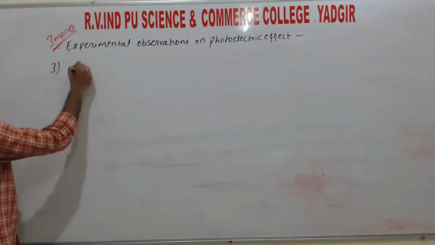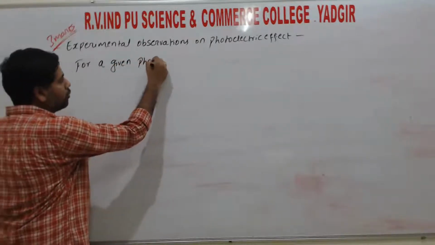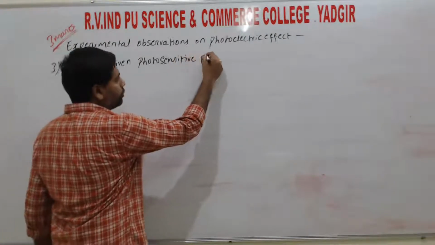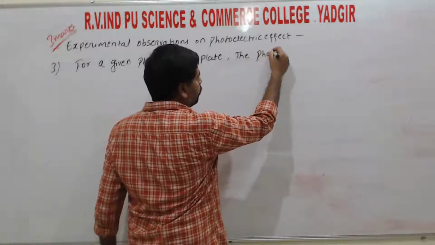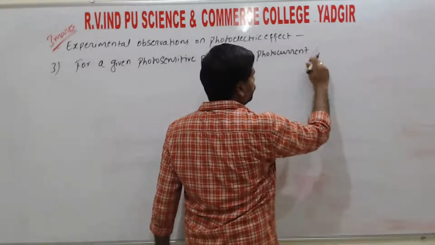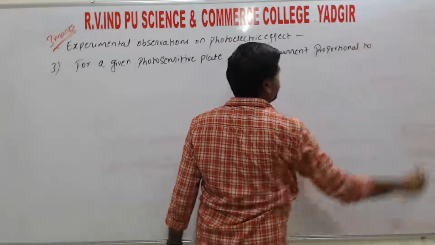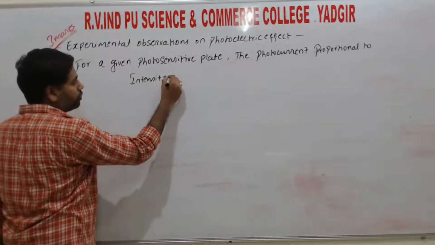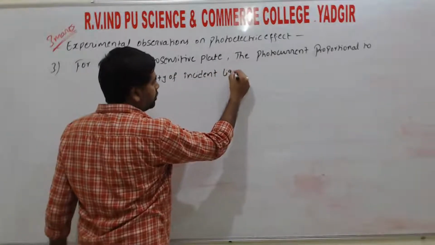Next, the third point: for a given photosensitive plate, the photocurrent is proportional to the intensity of the incident light.